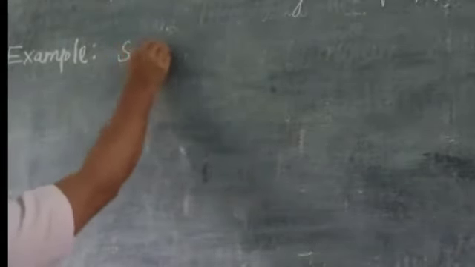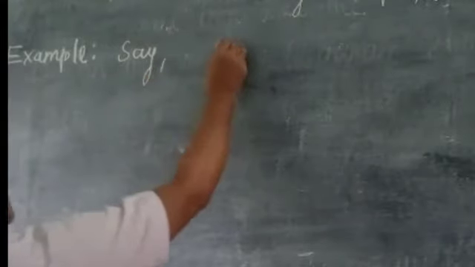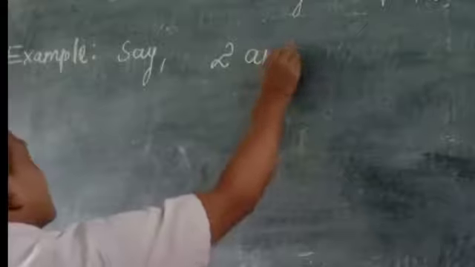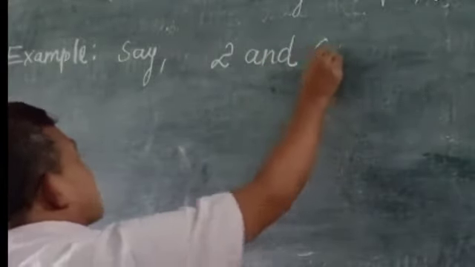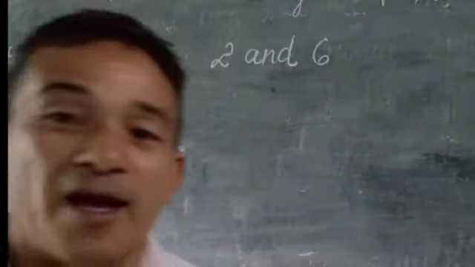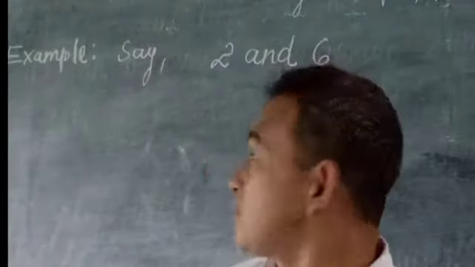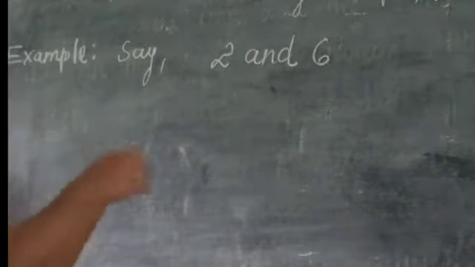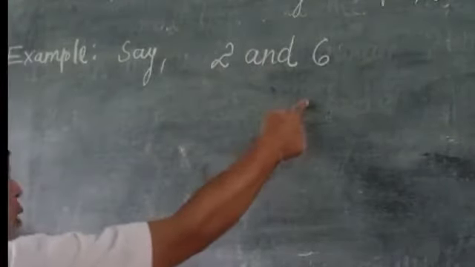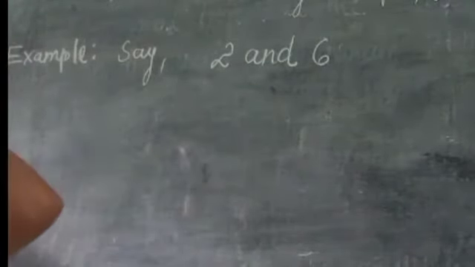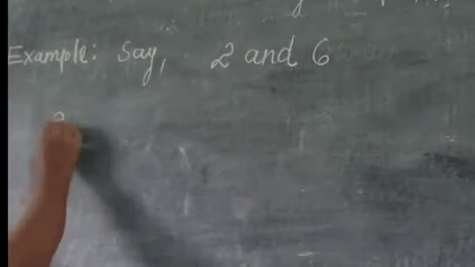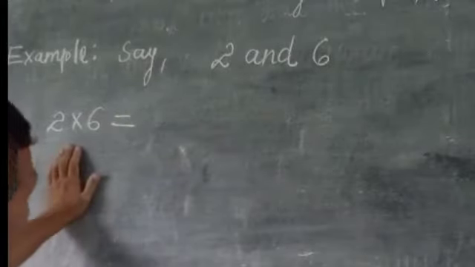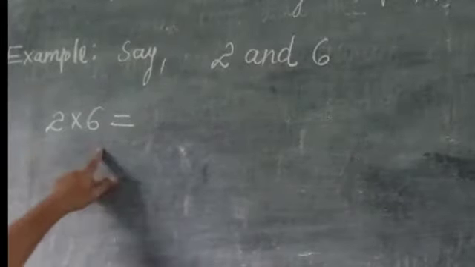Say there are two numbers, 2 and 6. Now we are going to find the product of 2 and 6.